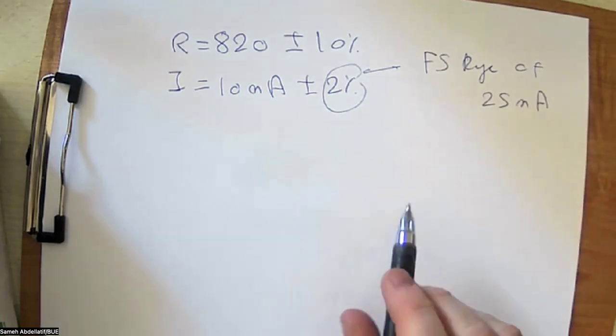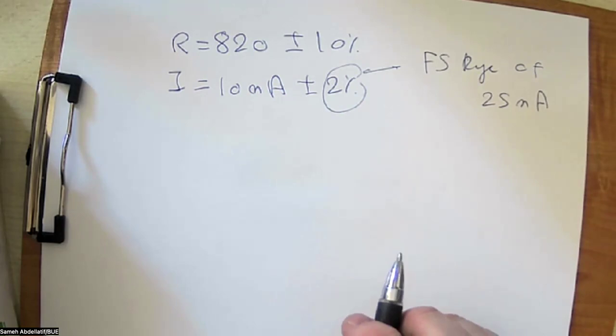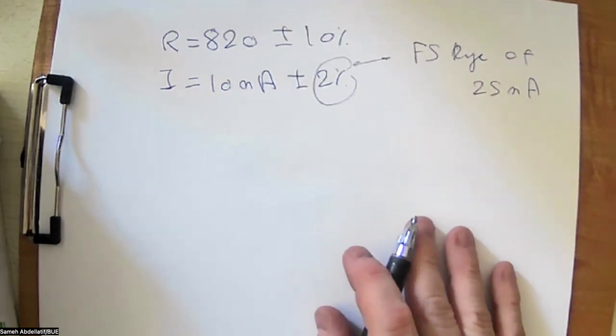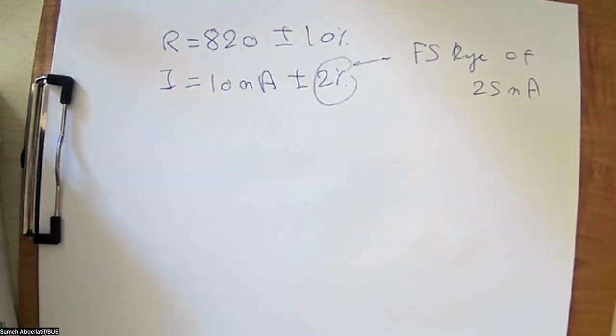So maybe the new knowledge to be observed in this question is that the 2% given here is given under the title of a full scale range error, not as a relative error.